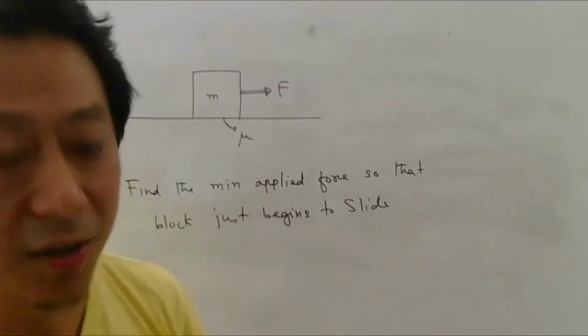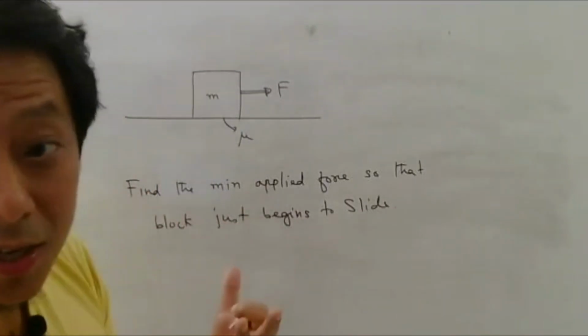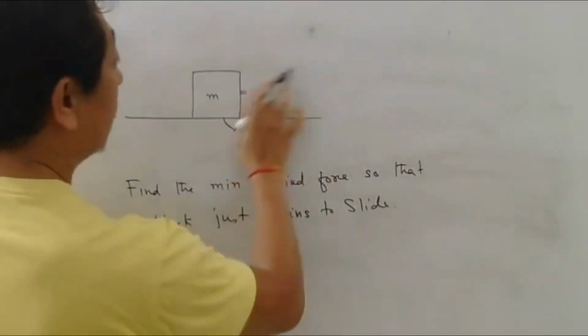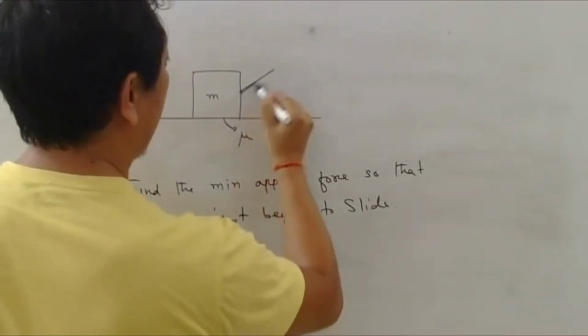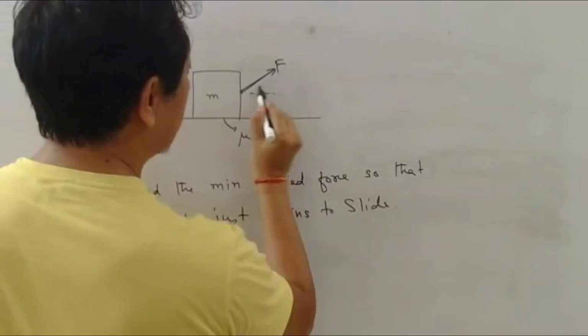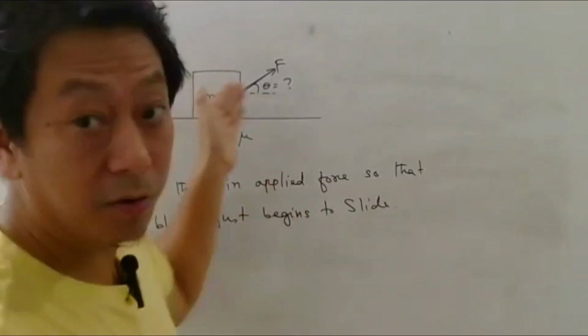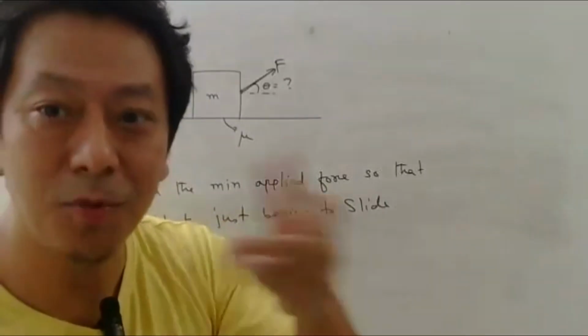So in that case, you are right. But they didn't mention the angle. And it so happens that if you apply the force at some angle, there is a specific angle at which the force is lesser than mu s mg.